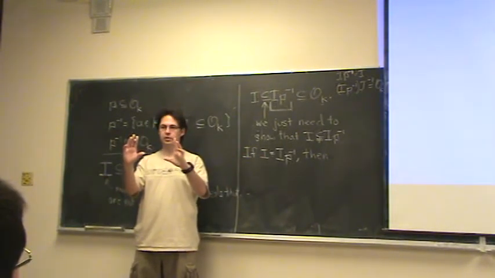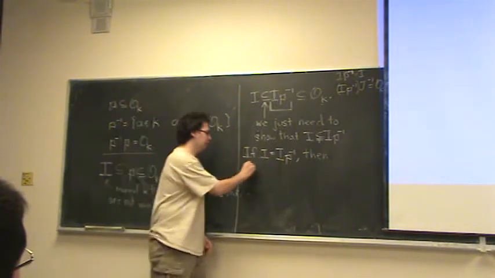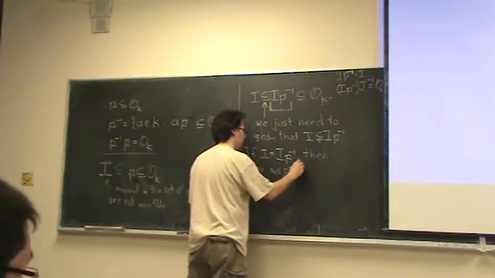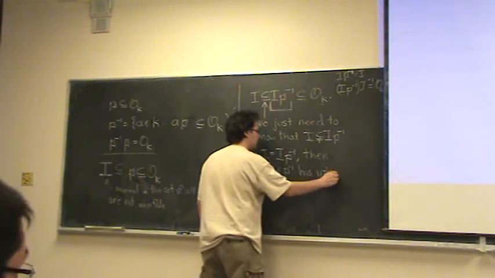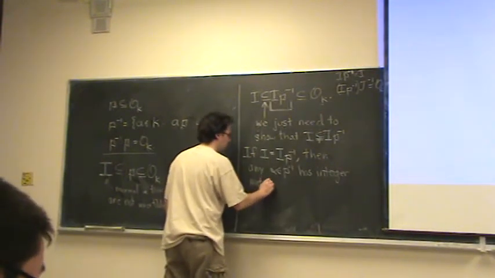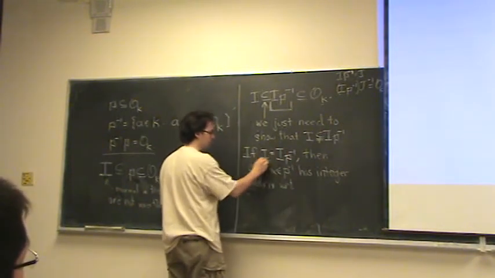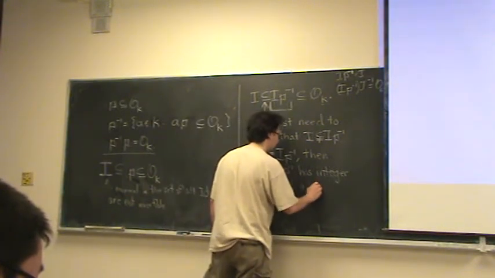Its matrix has integer entries because it takes I into itself. So any alpha in P inverse has an integer matrix. It's representable by an integer matrix with respect to some basis for K, namely the basis, take some basis for I, so with respect to a basis for I as a Z module.